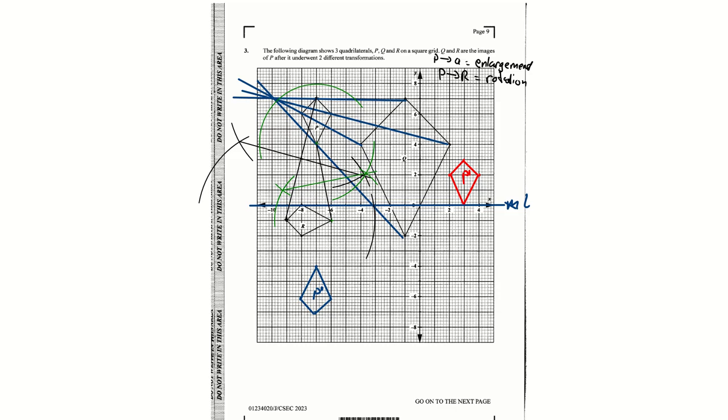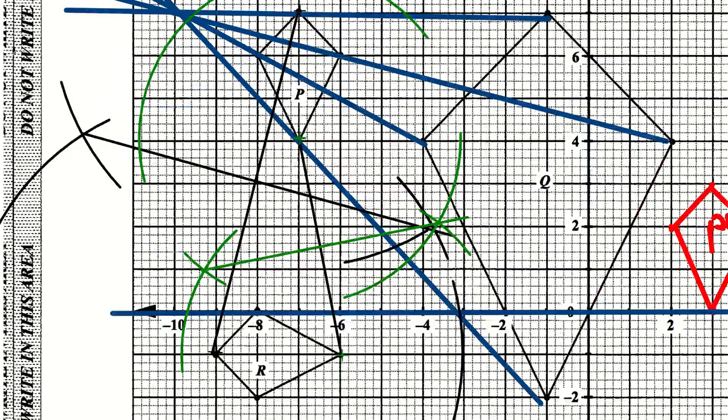Then we are going to connect one coordinate with the next one. Let's just zoom in. One line with the center of rotation. Let's do that in red so you guys can see.